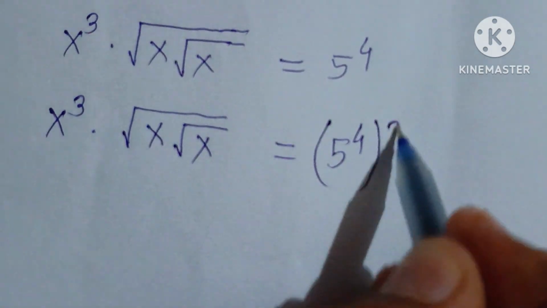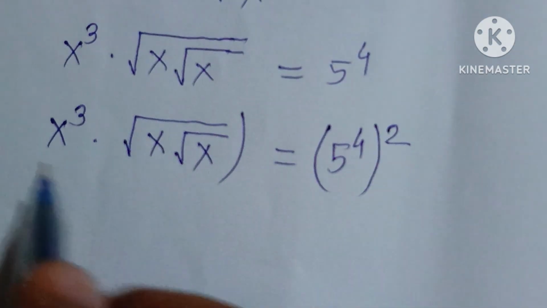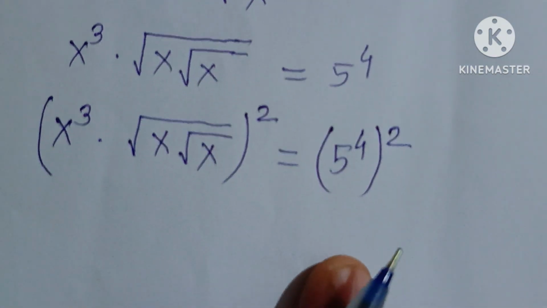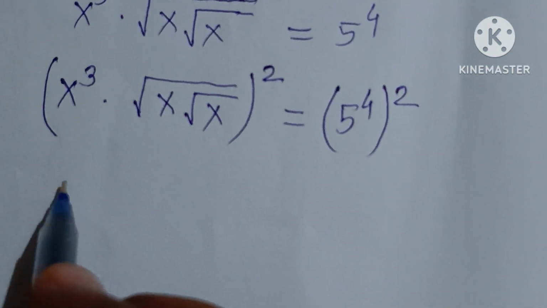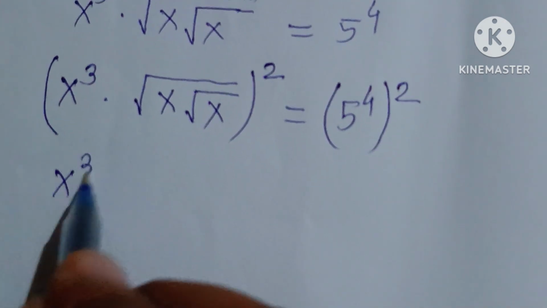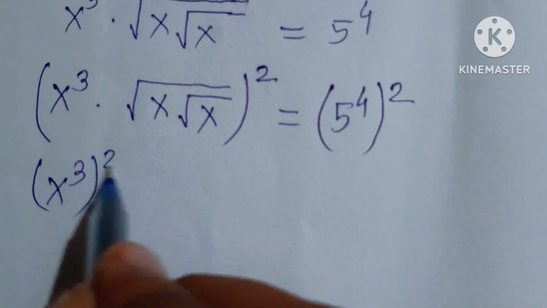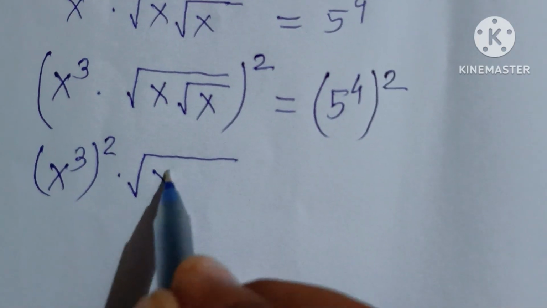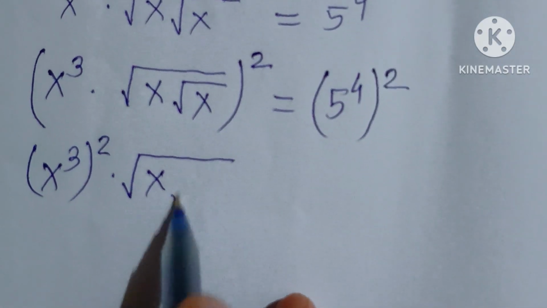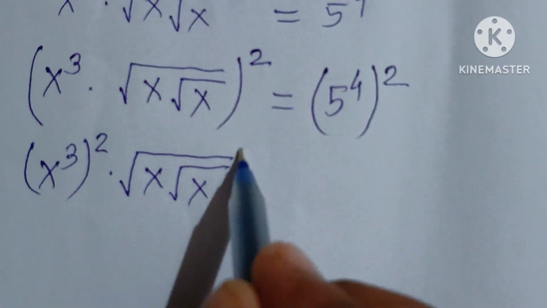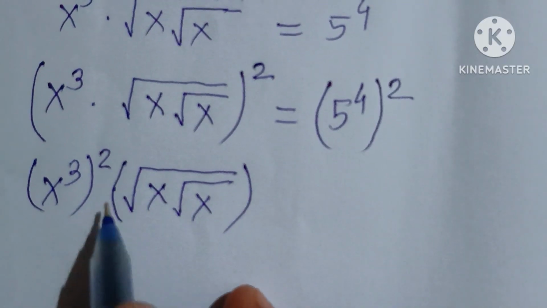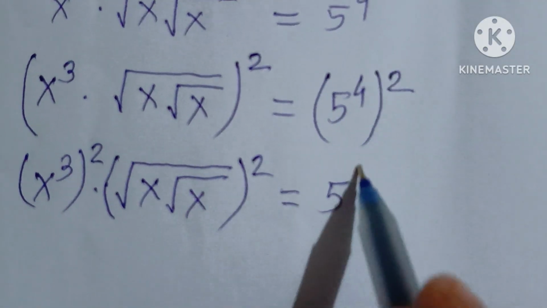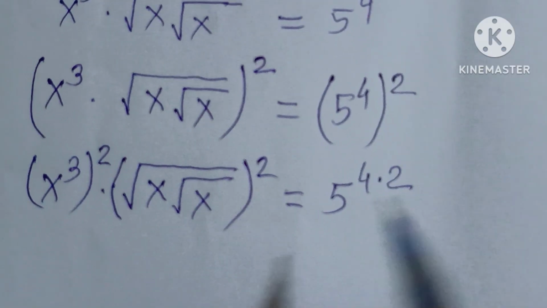Taking square again on both sides: x cube whole square into under root x under root x whole square equal to 5 raised to power 4 into 2.